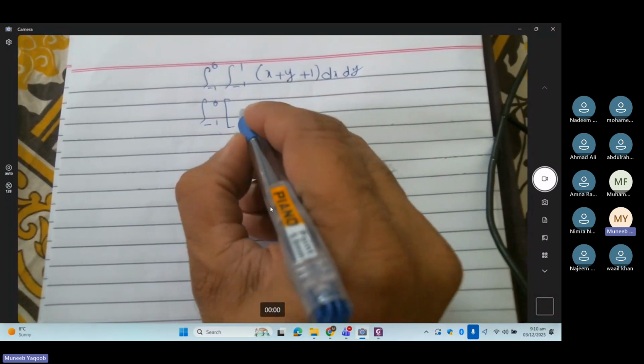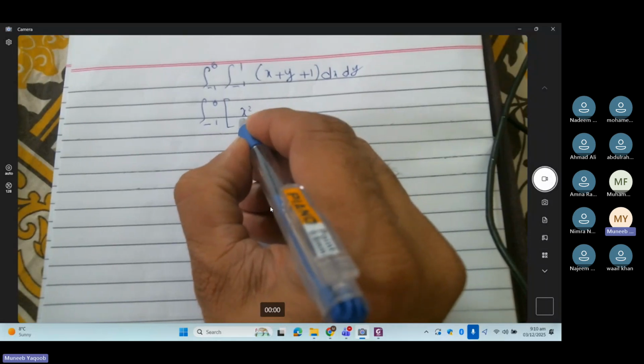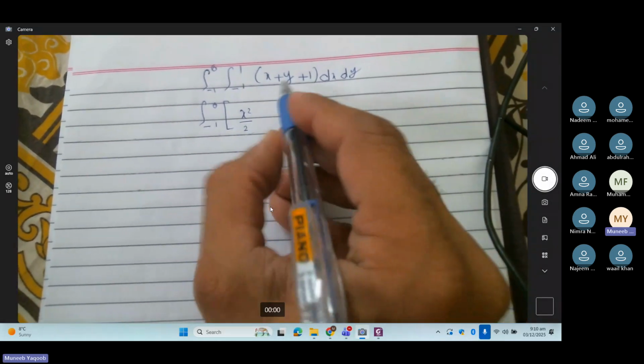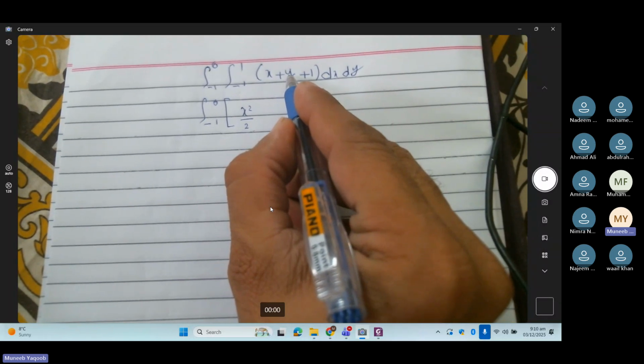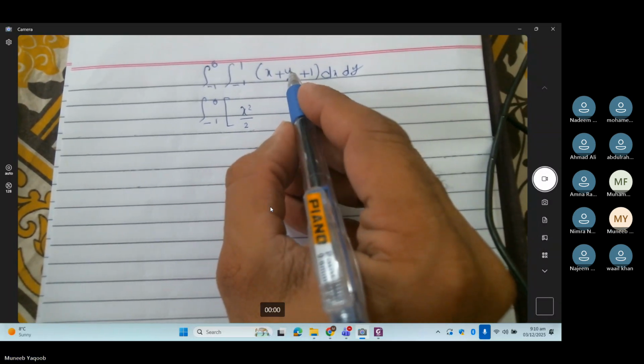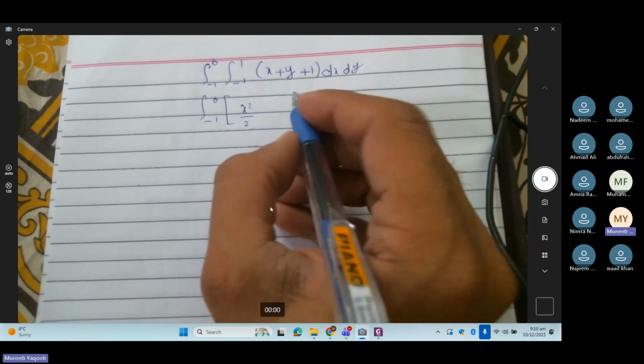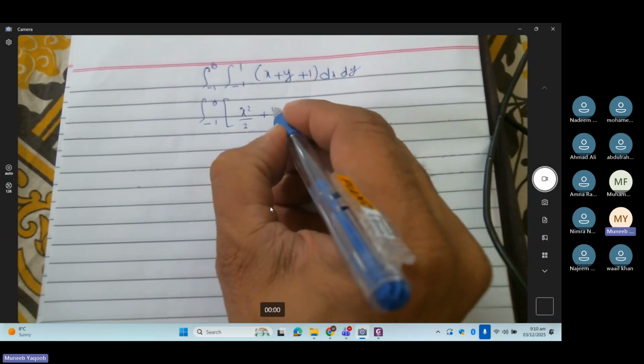So the integral of x is x square upon 2. And now y is constant, so the integral of y is yx. Why is it yx?